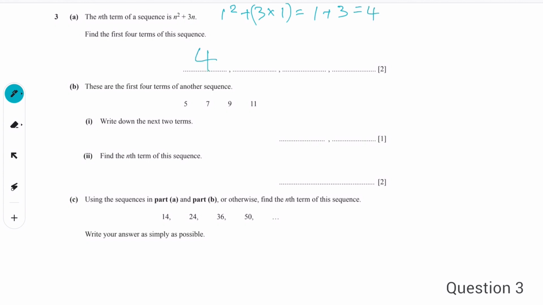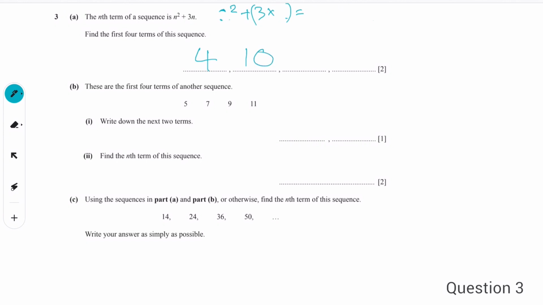Okay, now let's replace these, the second term, so I'm going to replace those with the number 2, and that one with the number 2. So 2 squared is 4, plus 3 times 2, which is 6. So therefore the next number will be 10.